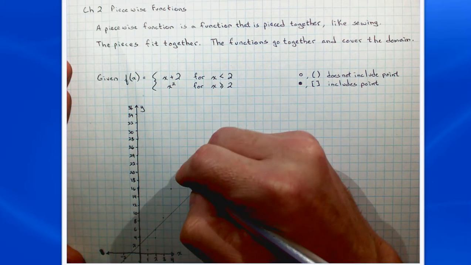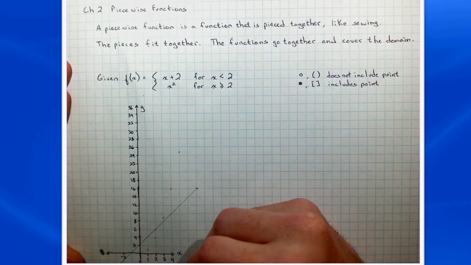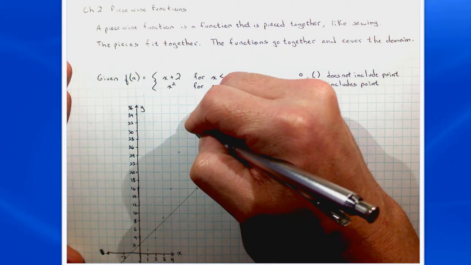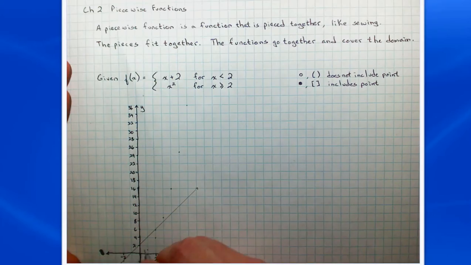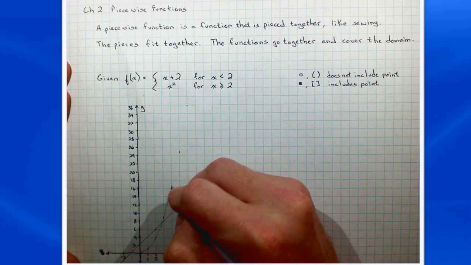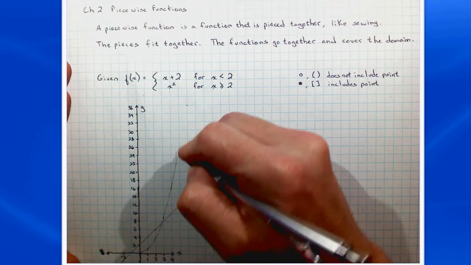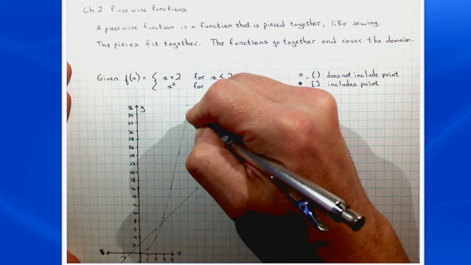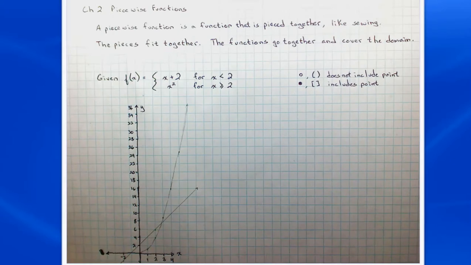Whenever x is 5, y is 25, and whenever x is 6, y is 36. We'll take it all the way up there. There we go, so I have my points there. And my graph goes something like that.